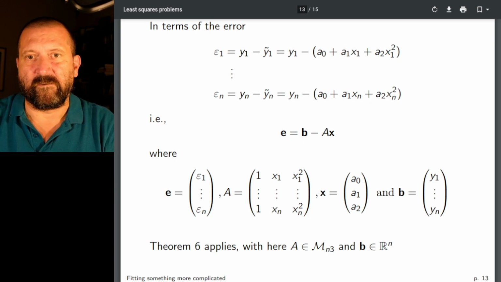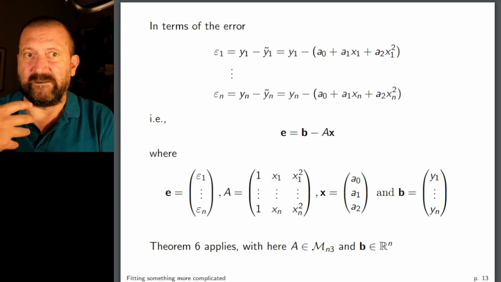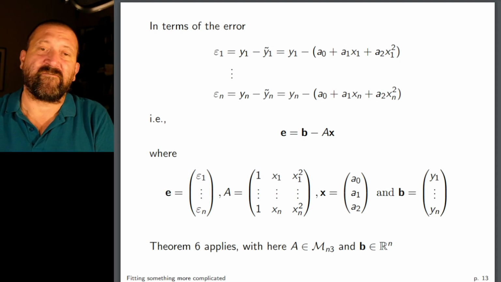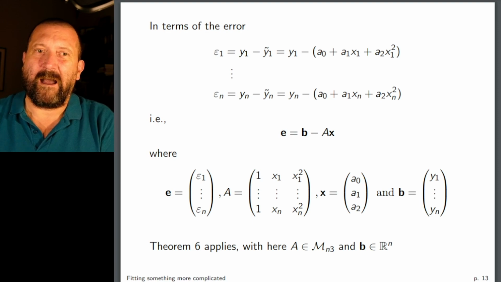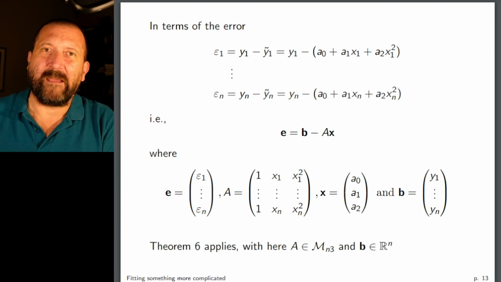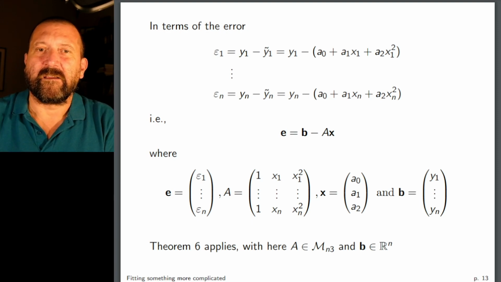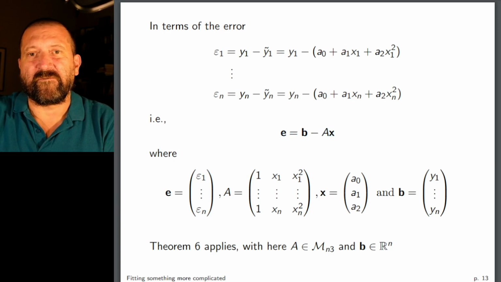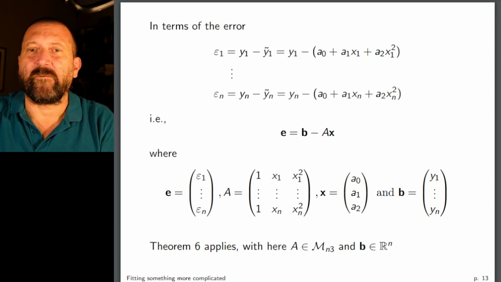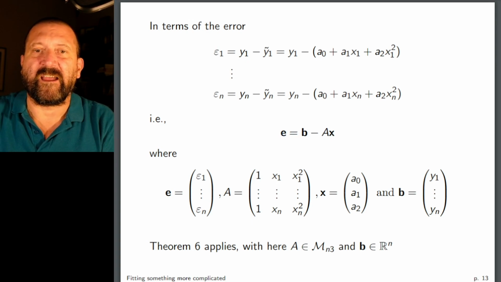And exactly as we had done for the affine function a plus bx, we can write this in matrix and vector form, in the form E equals b minus Ax.